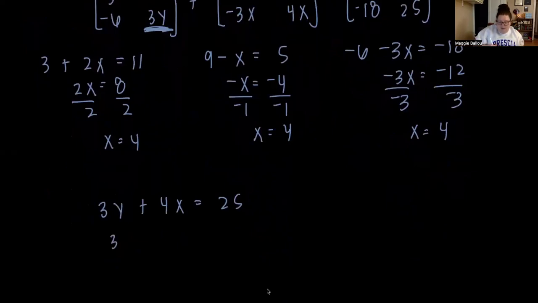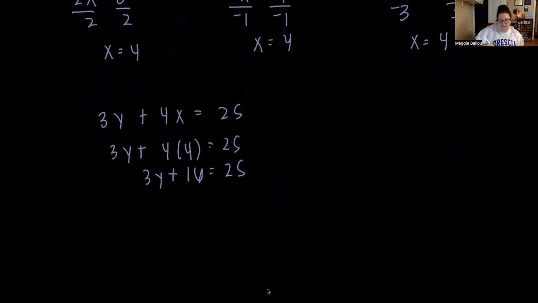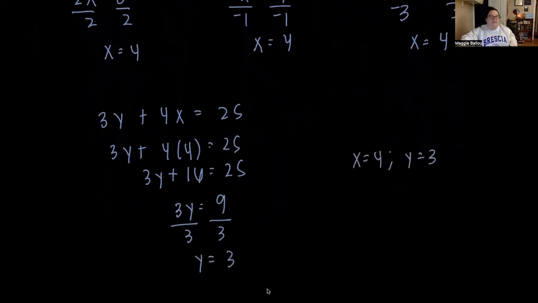So 3y plus 4 times 4 is equal to 25. 3y plus 16 is equal to 25. Minus 16, 3y is equal to 9. Divide by 3, y is equal to 3. So x is 4, y is 3. And that's it. So let me stop share.